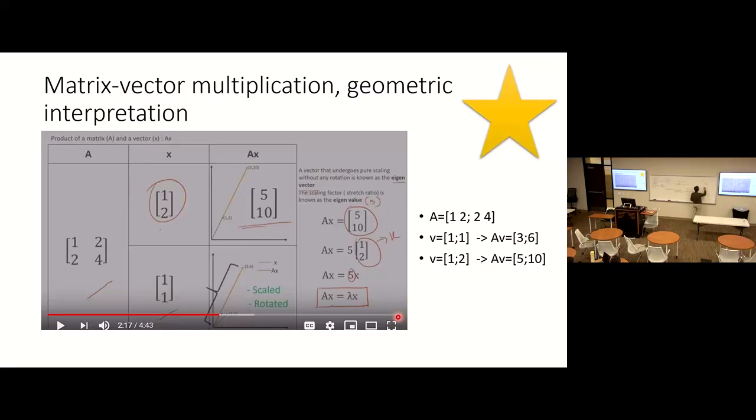So covariance matrix times x, where x is the eigenvectors. So eigenvalue and eigenvector.